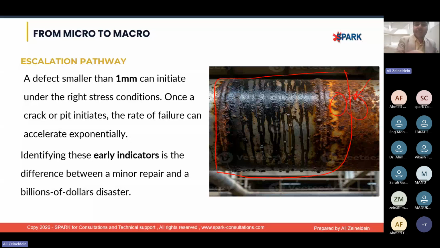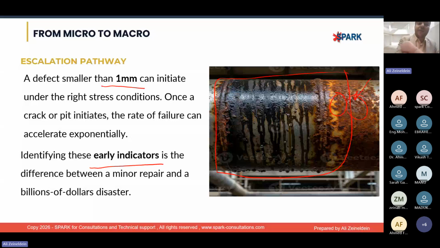This defect may sometimes be smaller than 1 millimeter, but unfortunately, if we couldn't catch it early, it becomes an invisible threat, and it will propagate until failure may occur. So this is the second example.